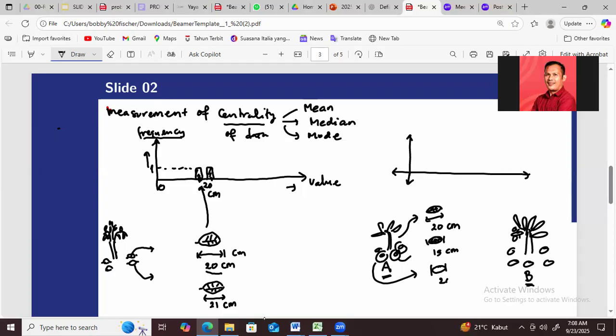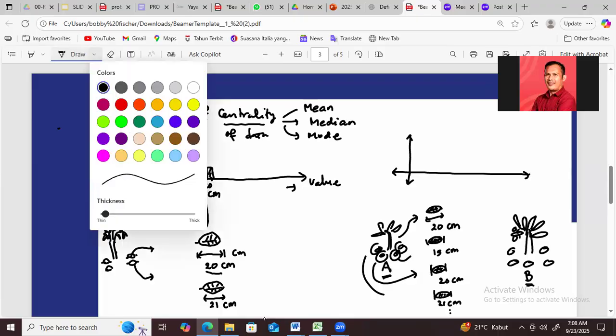This is another 20 centimeter. And then you take the fourth leaf, and then you have 21 centimeter, and so on. So the first leaf, you can plot it in the diagram here.